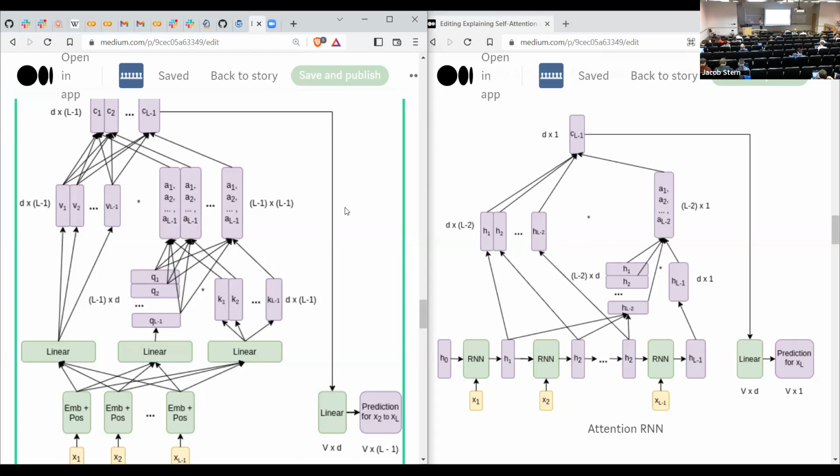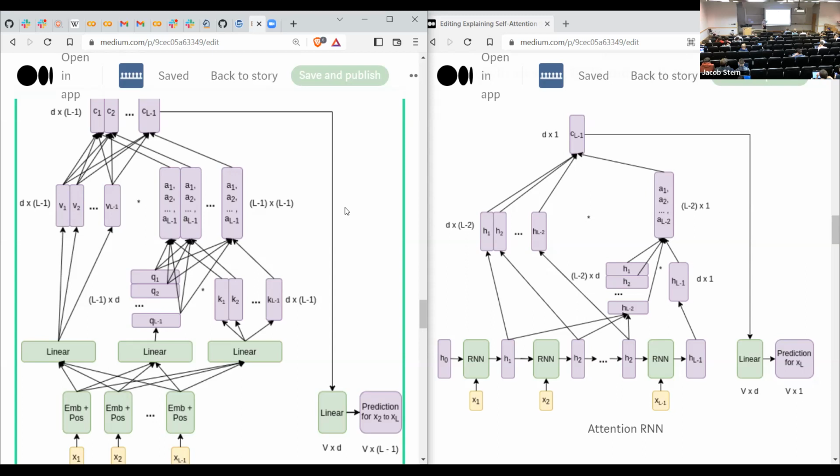What else do you notice that's different? There's one major difference. Yes, exactly. At the top of the self-attention network, we have many context vectors instead of just one.